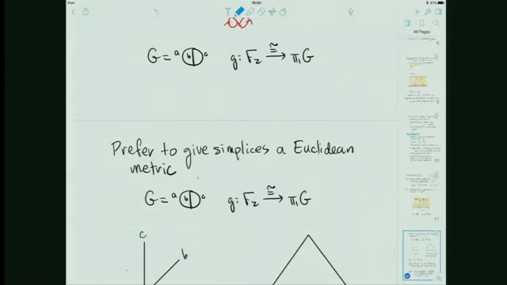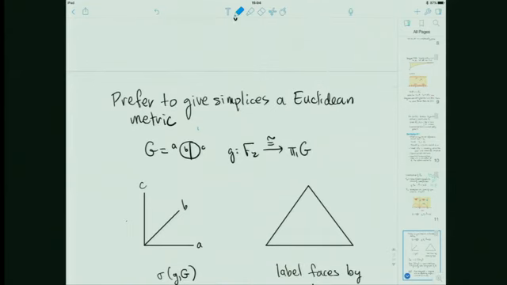But instead of this picture in the hyperbolic plane, it's very convenient because you can fit all of the triangles in outer space into a little circle. But I prefer to give simplices a Euclidean metric. So remember, the sum of my edge lengths was equal to 1. So that corresponds to a Euclidean triangle. A plus B plus C equals 1.